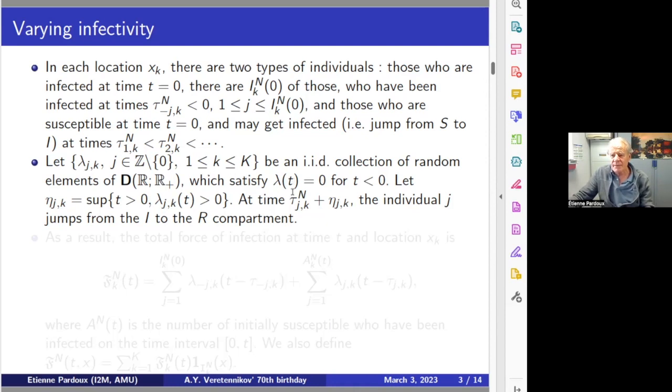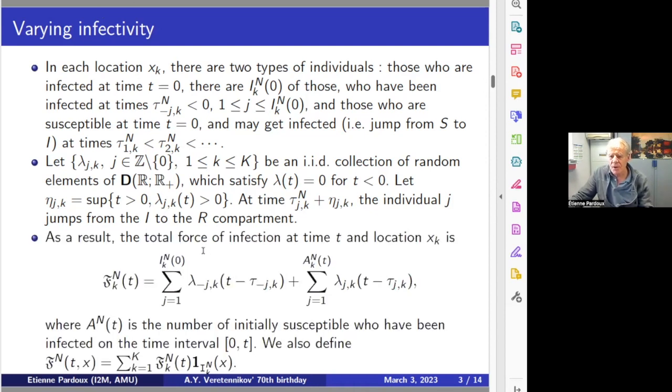So at time tau_n^{j,k}, the individual jumps from the compartment of susceptible to the compartment of infected, and at time tau_n^{j,k} plus eta_j^k, the individual jumps from the I to the R compartment. As a result, an important concept in our model is the total force of infection at time t. In classical models where the infectivity is constant, you are interested only in the number of infectious individuals. Here, we want to know at each time t what is the total force of infection at each location k.